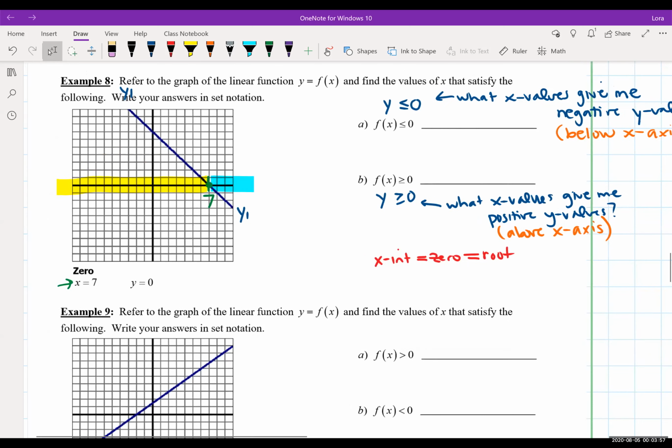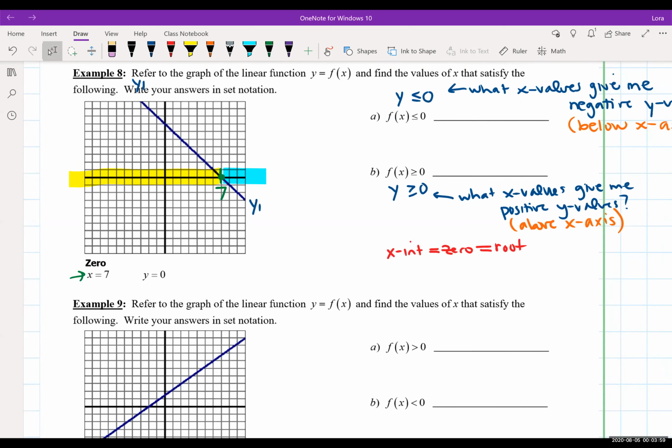So let's look at this one more time. If we're trying to determine what region, let's just pick a test point and then we can decide whether part A or part B fits. So I'm going to look at what's happening in the yellow region. If I pick a random x value, I have to find its corresponding y value.